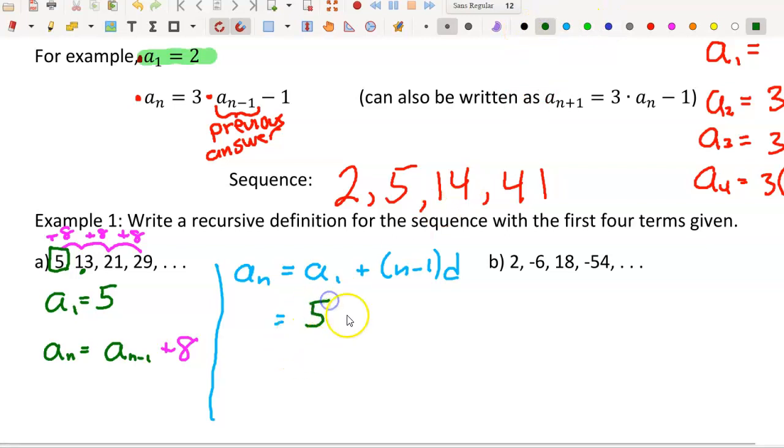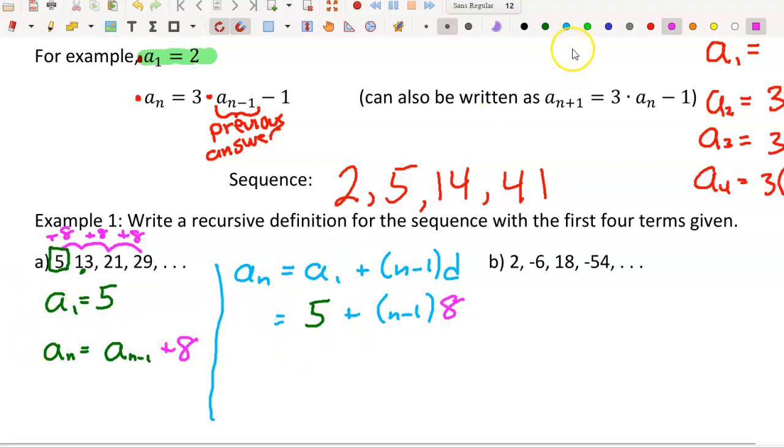I have my first term right here, plus n minus 1, and my difference is still 8. So comparing the two side by side, you got the same numbers. You got the 5, you got the 8 for the difference. They're just in different places. The general has everything in one formula. Recursive has two parts to it. They just break it up.